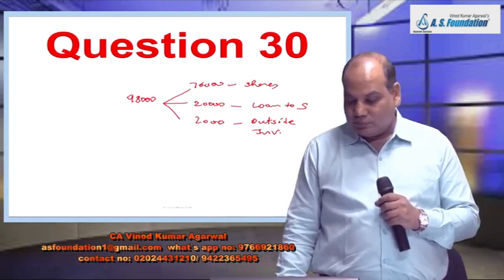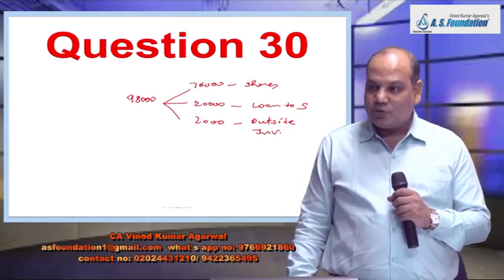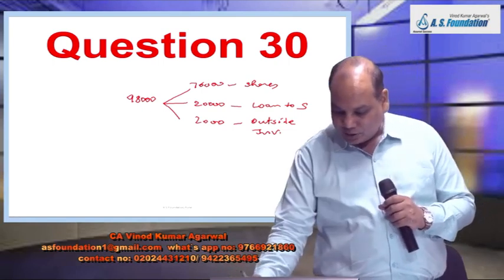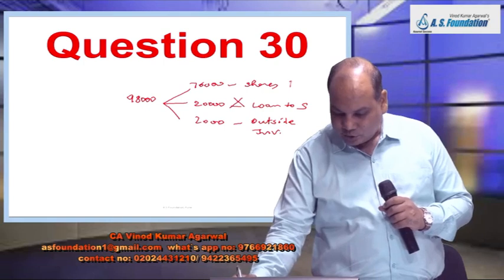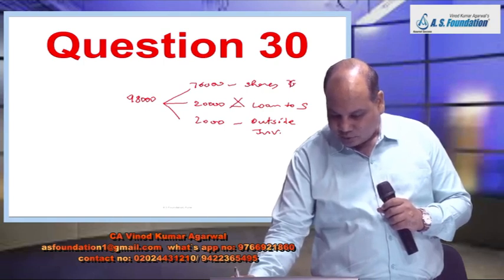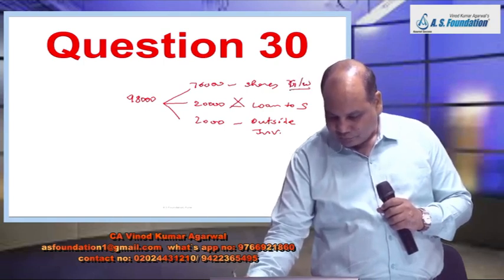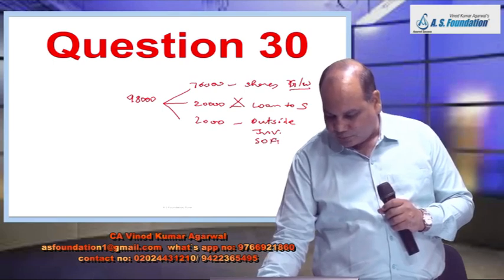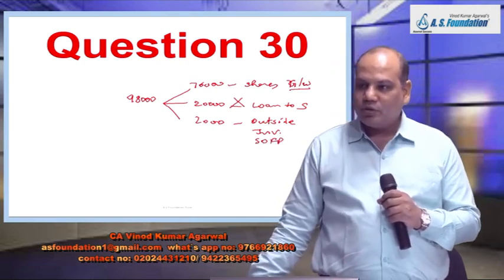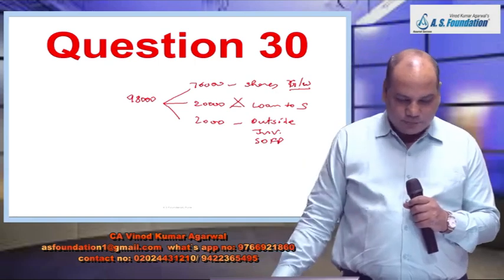Okay. So this 2,000 will still appear in SOFP. This we will cancel. This will write in goodwill calculation. And this will come in SOFP. Okay. So draw the format.